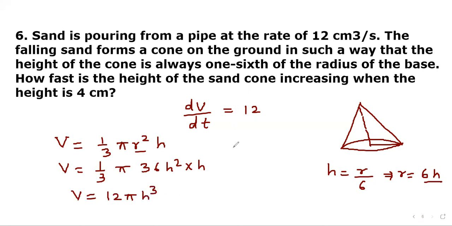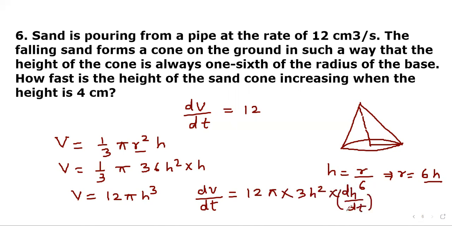Now we can differentiate it. So dV upon dt equal to 12 pi times 3h square dh by dt. Our purpose is to get dh by dt.